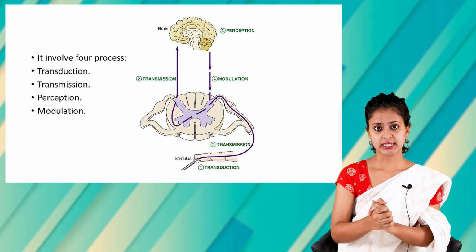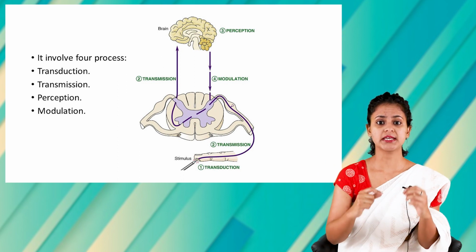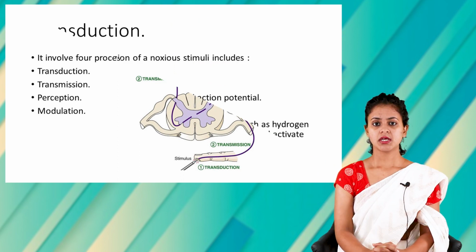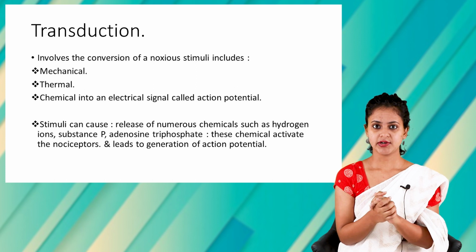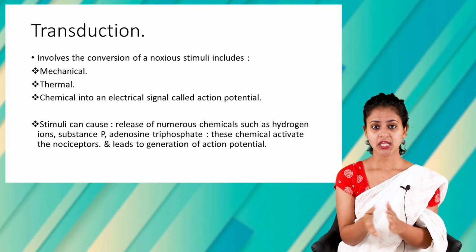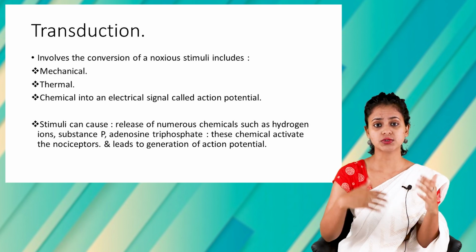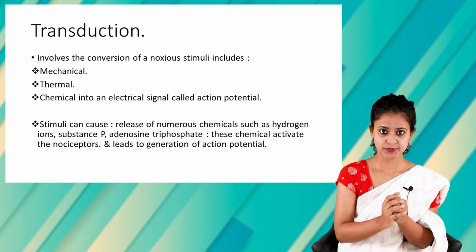So we are going to learn here each and every step of the pain mechanism one by one. Let us start with the discussion of transduction. What does this stage do, or how does the body work in this stage?